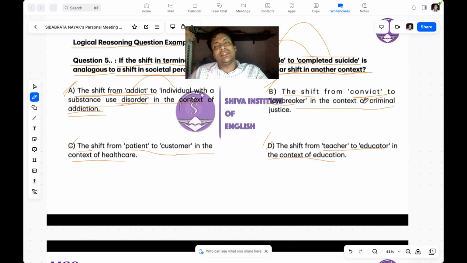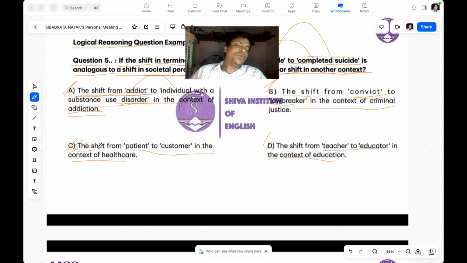So only the terms have been changed. Next, option C, the shift from patient to customer in healthcare is primarily a shift in the way healthcare is delivered and paid for, rather than a change in perception. It can have implications for the patient-provider relationship, but does not necessarily reflect a societal shift in understanding.